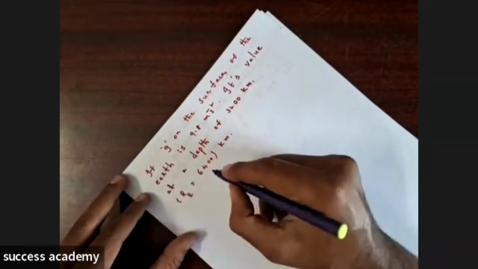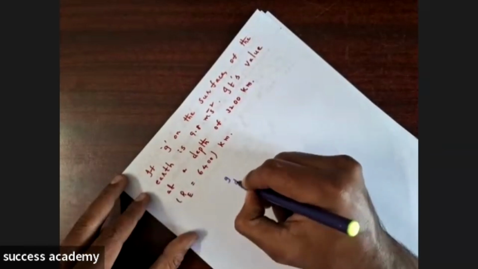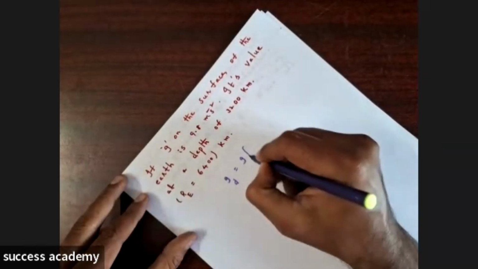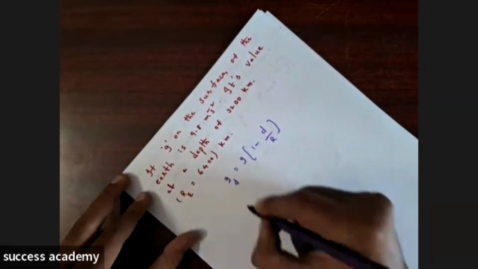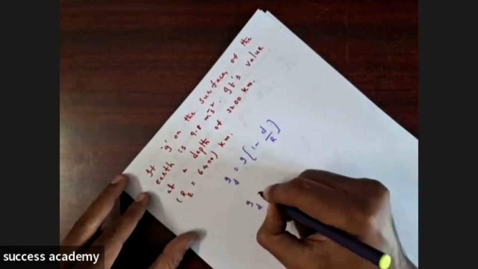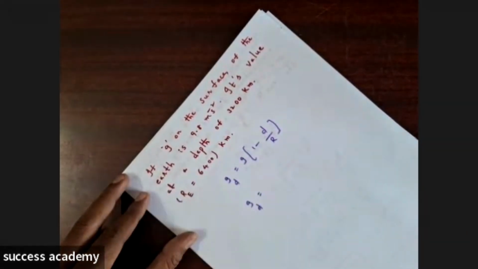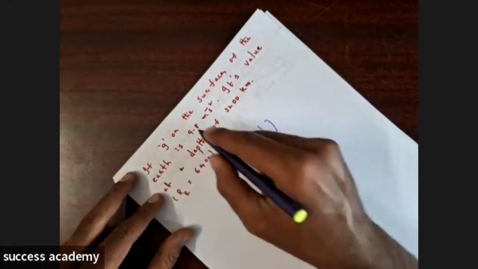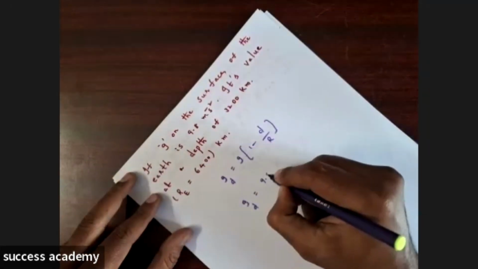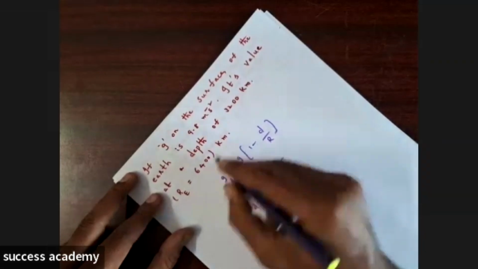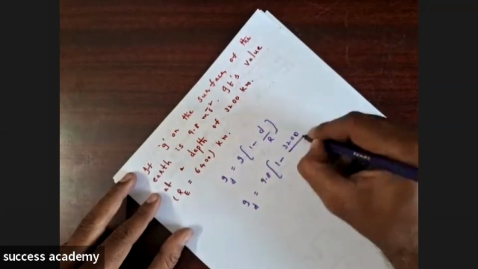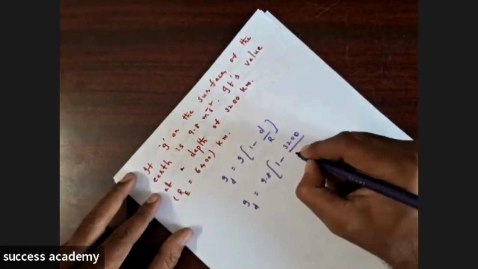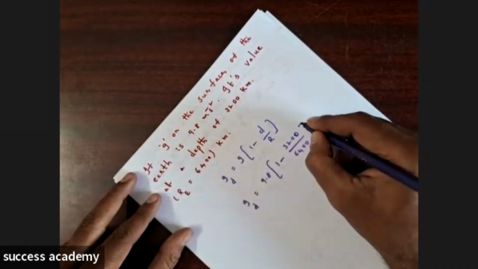So I am taking the formula gd is equal to g into (1 minus d by R). gd is the acceleration due to gravity at depth d. g is 9.8 into 1 minus d, 3200 kilometers, by R, radius of the earth, 6400 kilometers.